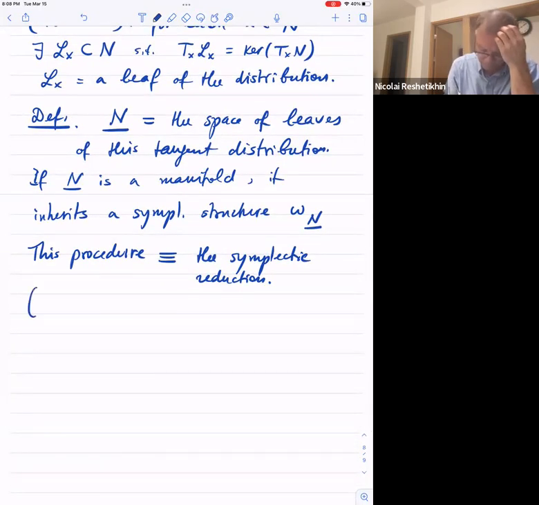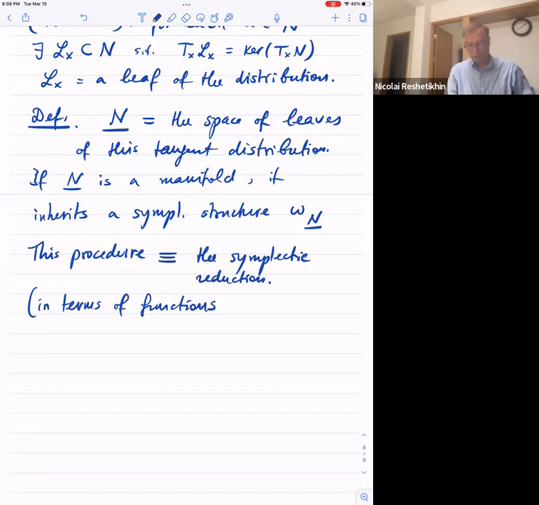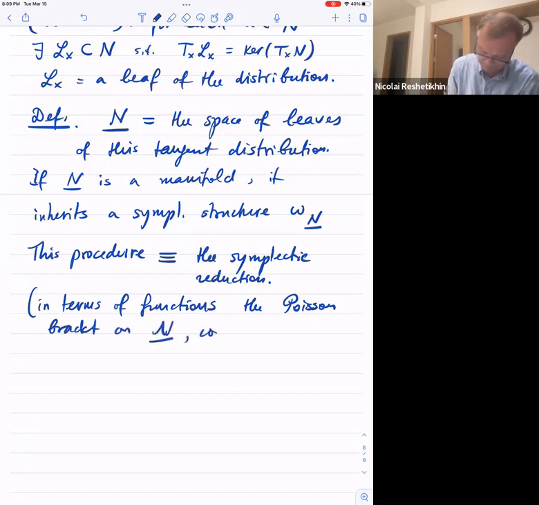It's also, in terms of functions, the Poisson brackets on N bar corresponding to omega N bar is the Dirac bracket.